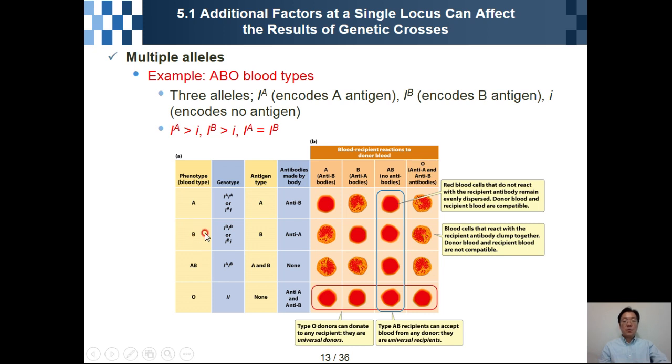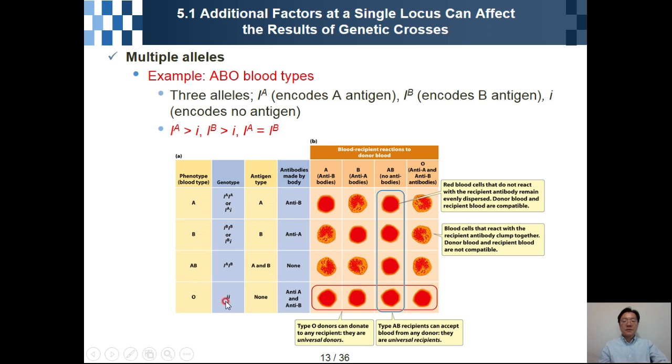The genotype will be large IB IB, or large IB and small i, and the antigen type will be B. How about O?